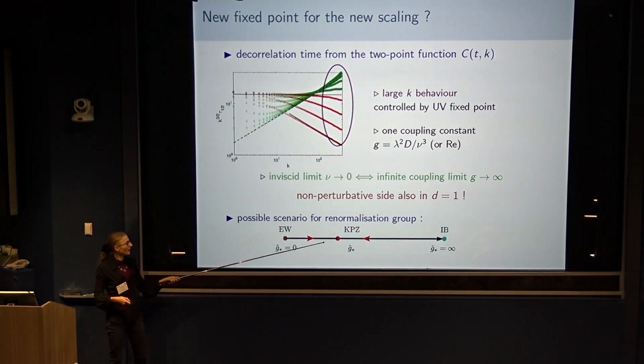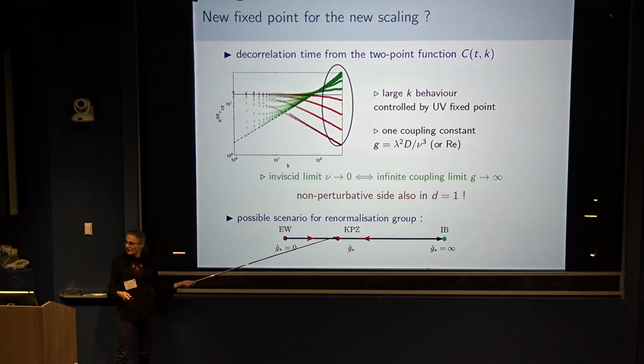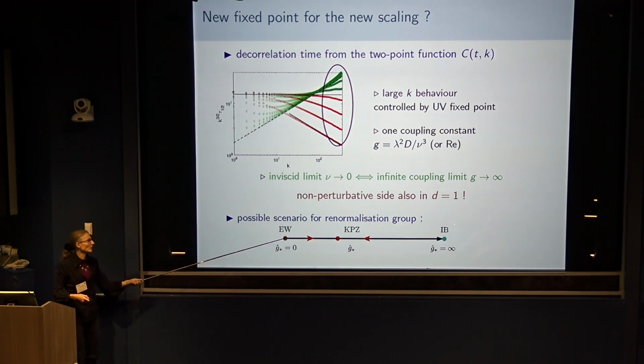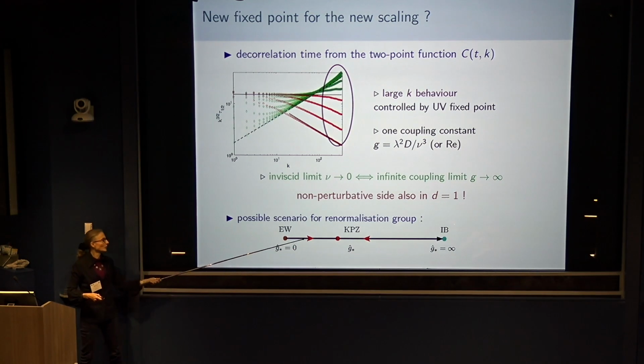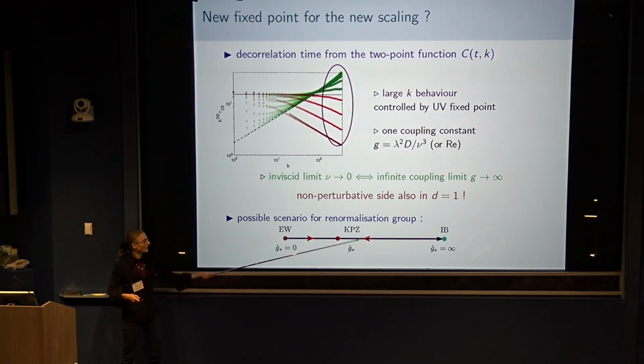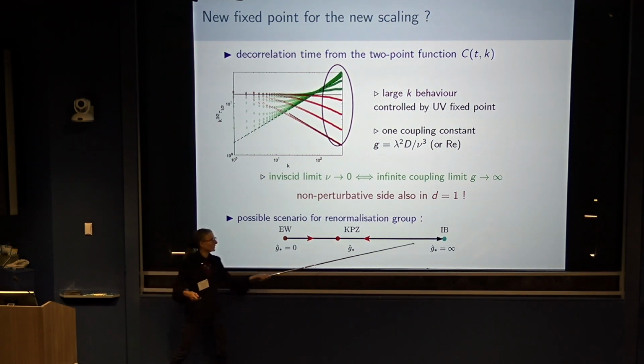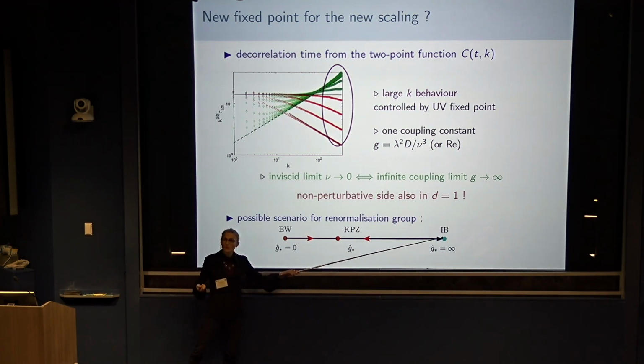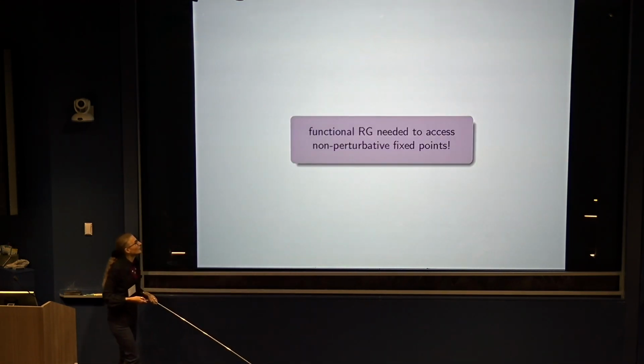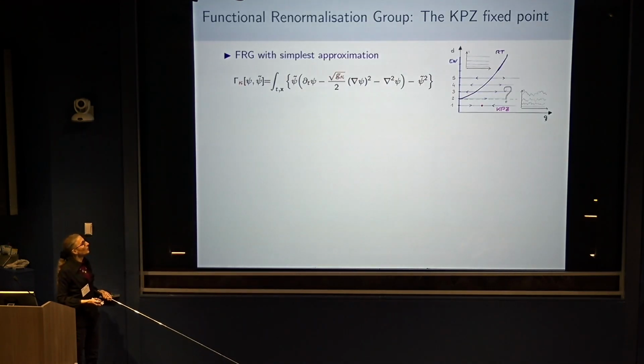And a possible scenario is that you have the KPZ fixed point here, and the renormalization trajectory connects it to Edwards-Wilkinson. But then if you come from the other side, so from large g, there must be another trajectory that connects it to another fixed point, which we call inviscid Burgers, because it's an inviscid limit. And so to study that, you really need to be non-perturbative.